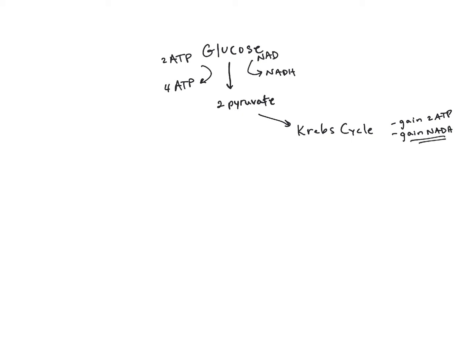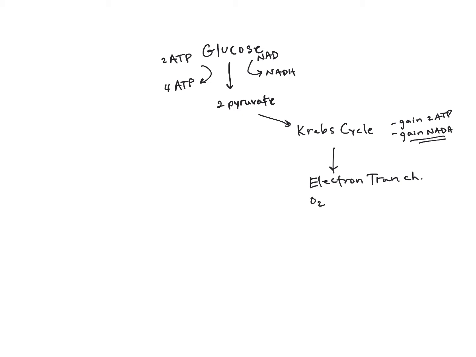And remember, the NADH is carrying a hydride ion. That's carrying 2 electrons and a proton. Those electrons are going to go to the electron transport chain. It's a series of electron carriers located in the membrane, so that membrane has to be intact.